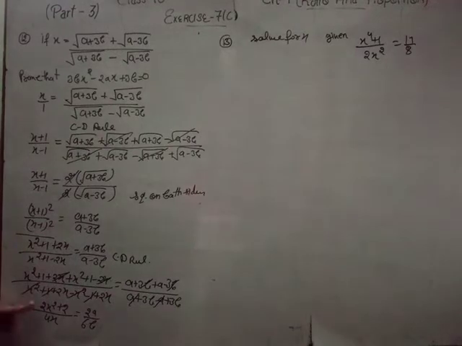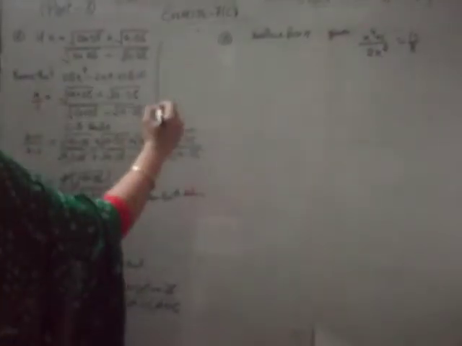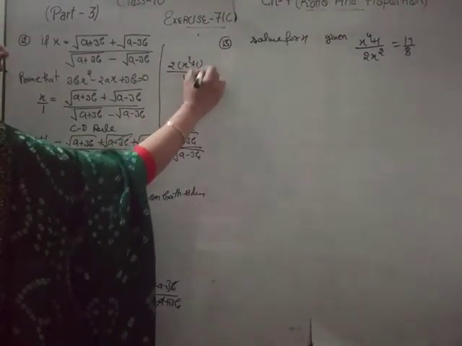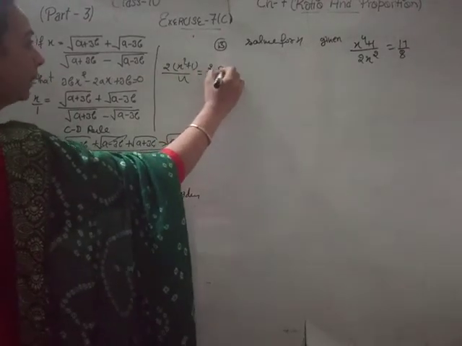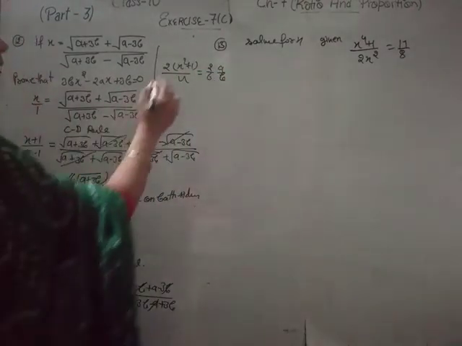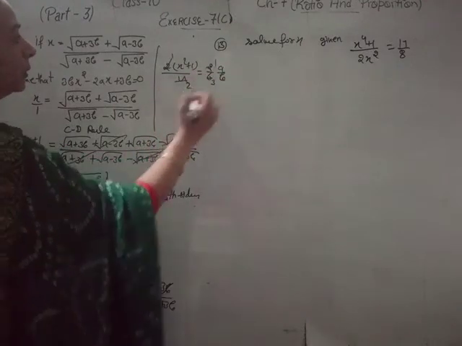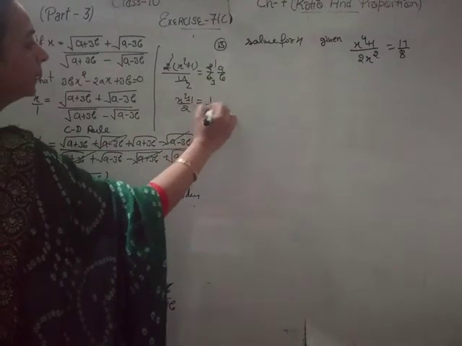Okay student, you take common 2 from here, then (x²+1)/(4x) equals 2a/6b. Okay, then 2 cancels, so (x²+1)/(2x) equals a/(3b).